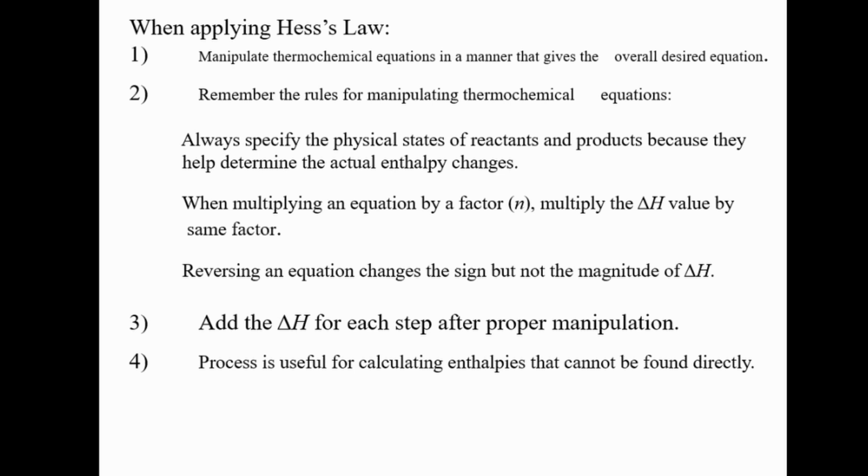Reversing the equation changes the sign but not the magnitude. Add the change in enthalpy for each step after proper manipulation. And we can use this to find enthalpies that cannot be found directly, maybe experimentally. It's kind of hard to do.